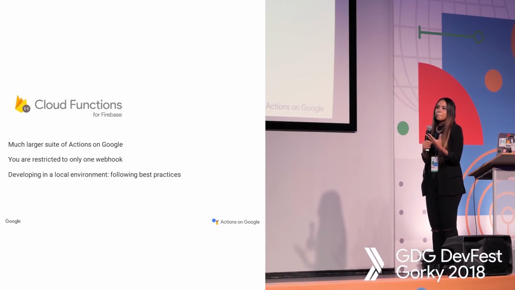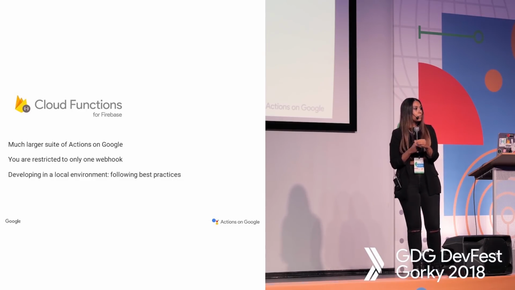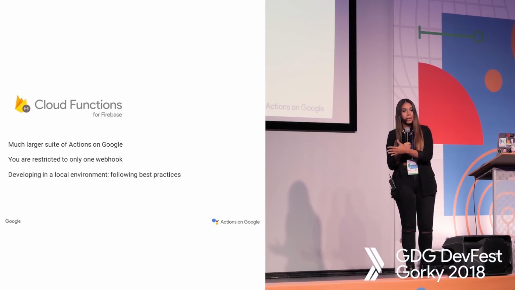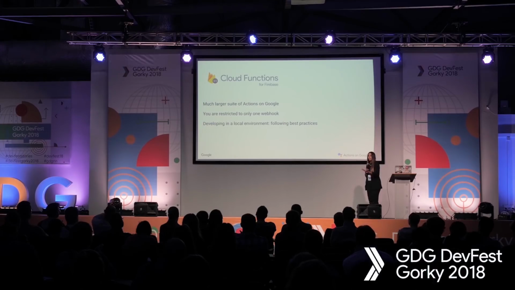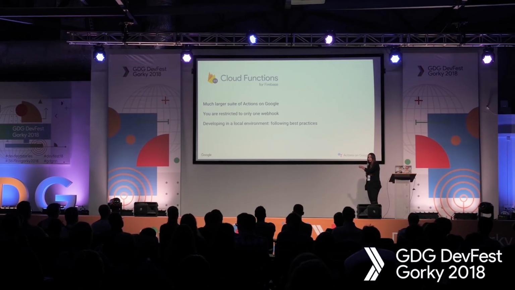First of all, we can combine all the features that we already have with Firebase with Actions on Google. In my case, I was a Firebase developer first, and then I started using Actions on Google. So if you've already been using Firebase, you just have to learn a few things about Actions on Google and mix both of them.